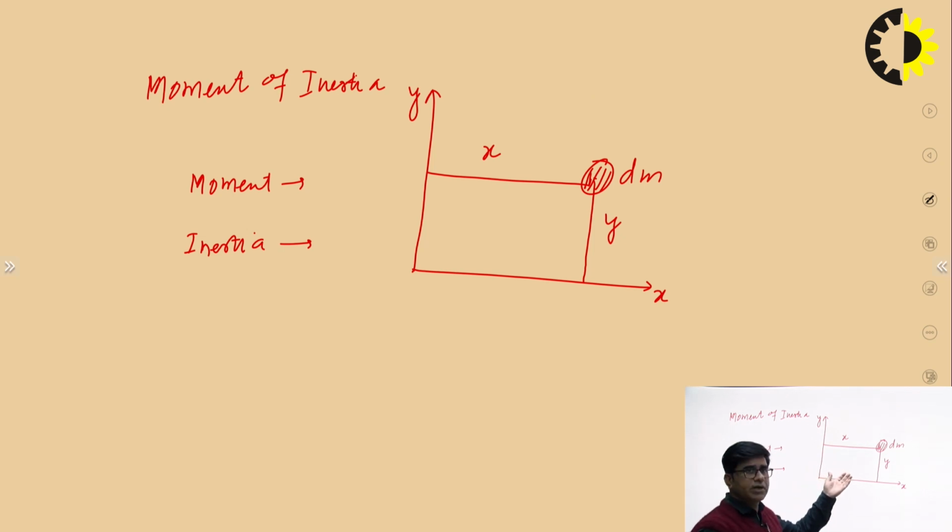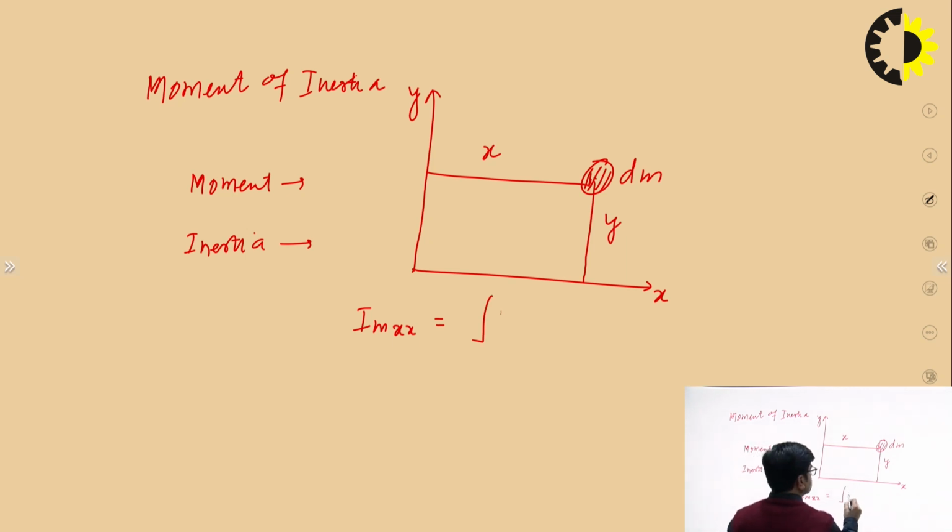If I want to take the moment of inertia of this elemental mass about the x axis or about the y axis, I will write this as Im. M stands for mass here. I already told you it is studied in two ways: one is the mass moment of inertia and one is the area moment of inertia. Here I am discussing the mass moment of inertia, that is why I am putting the suffix m. So, Imx means moment of inertia about the x axis. It is integration y square dm.